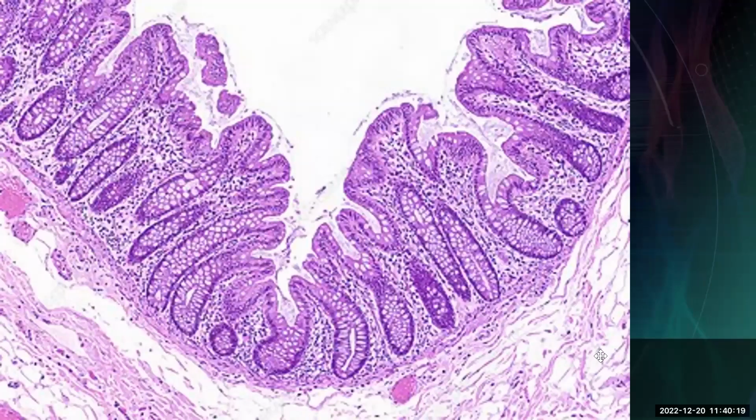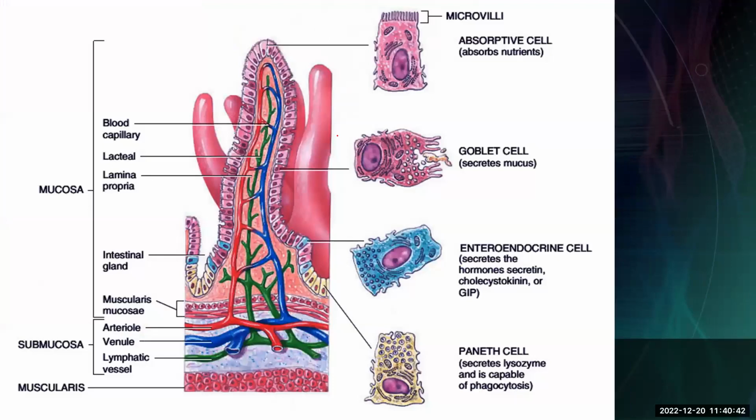Yeah, this is the appearance of the small intestine. So these villi, when we cut the cross section, we can see villi like this, for example. And if you look at its inside structure, villi have these tiny microvilli on the surface of the cell, and they have a good blood supply.